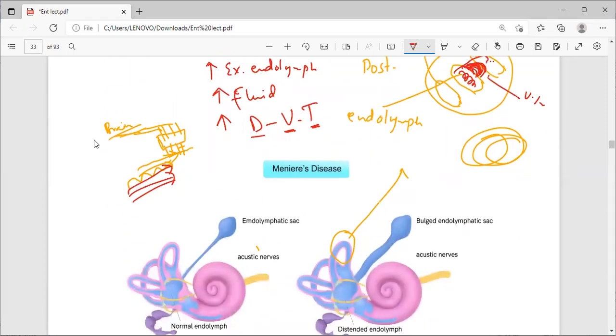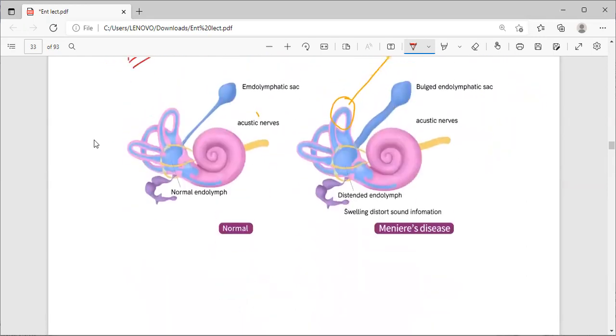These excessive fluids will stimulate the hair cells excessively, and the hair cells will give the vestibulocochlear nerve the perception that the head is moving, but the head might not be moving, or you are perceiving sounds excessively. So in Meniere disease, whenever you see these three symptoms, you tell them that they are suffering from Meniere disease.